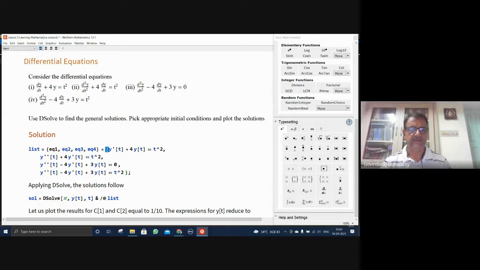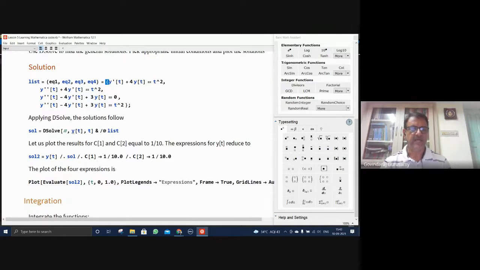I have put a bracket 1, 2, 3, 4. DSolve y of t, of t, and make a list of that. So which means perform this with this. This is the variable, do it and make a list. Listed all of them. That's what it means.